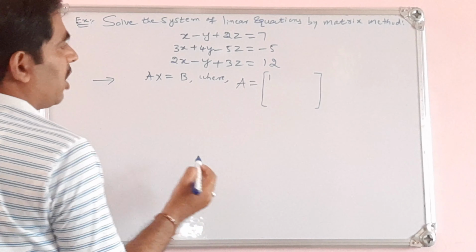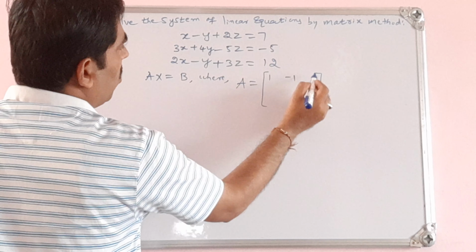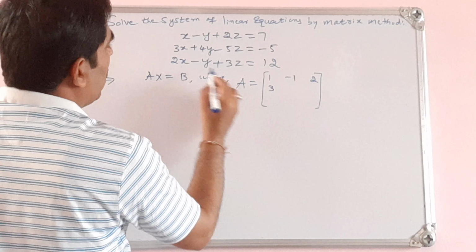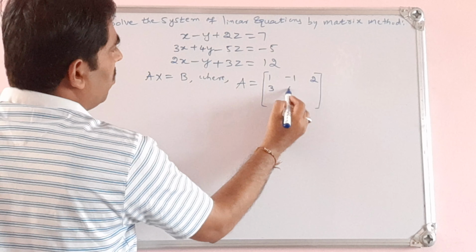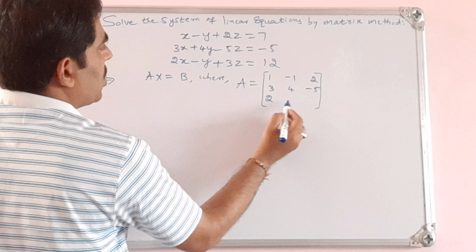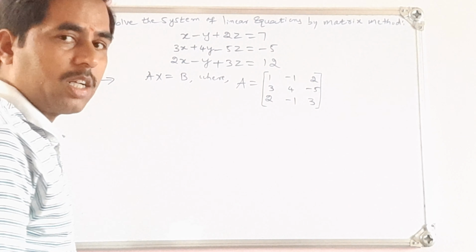In the first equation, the coefficient of x is 1, of y is minus 1, and of z is 2. In the second equation the coefficient of x is 3, which we write along the second row, the coefficient of y is 4, and of z is minus 5. In the last equation, the coefficient of x is 2, of y is minus 1, and of z is 3. So this is our coefficient matrix.